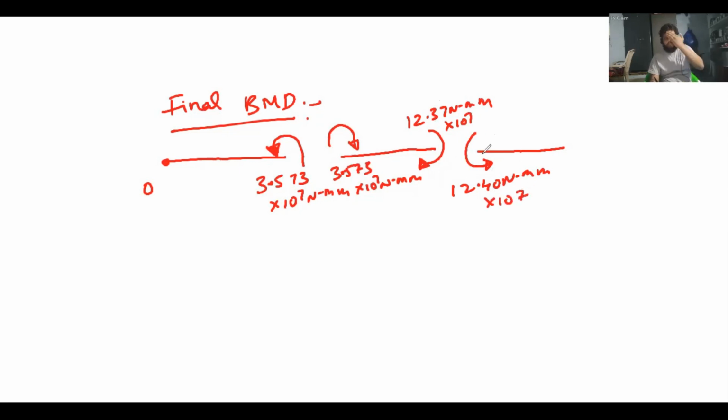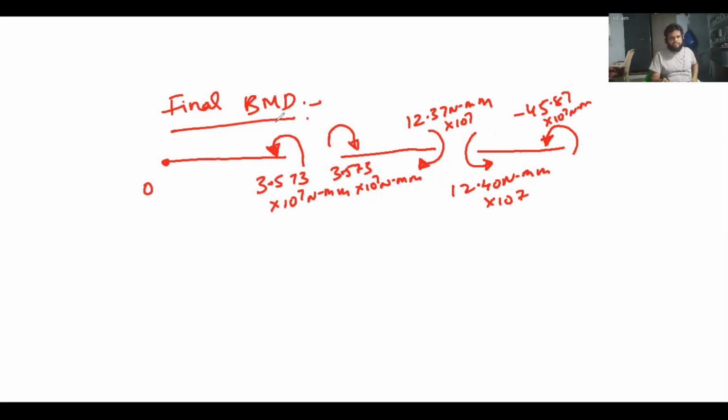Here values are not important for us, only directions are important. Now what is the last thing? That is clockwise. That is anti-clockwise, minus 45.87 into 10 to the power of 7 Newton mm. Once you know this, the directions are important for us.